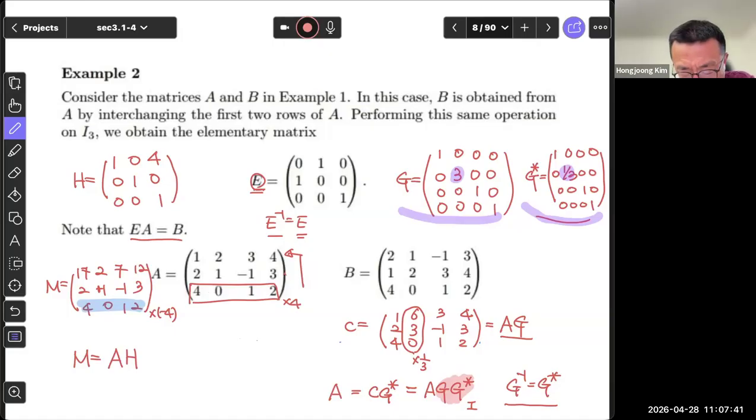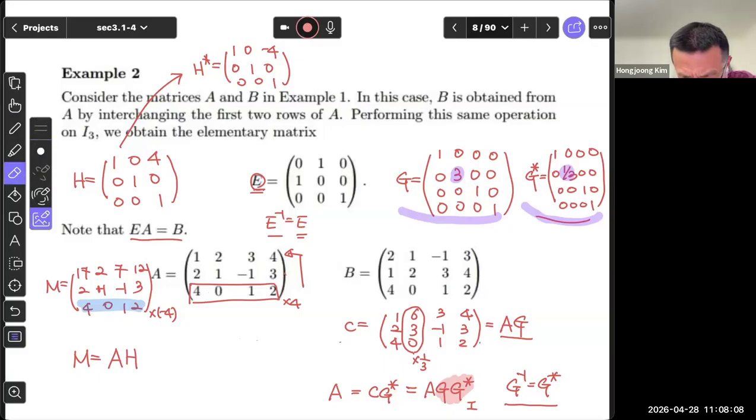right? So given H matrix, if I consider H star corresponding to this specific row operation, so instead of multiplying 4 to the third row, you multiply negative 4 to the third row and then add it to the first row, then you get this H star matrix. H times A is M. Sorry about that.